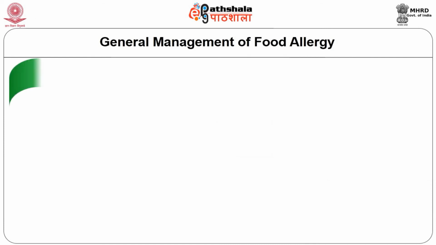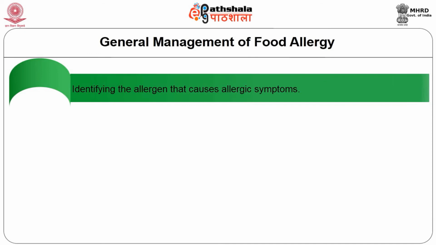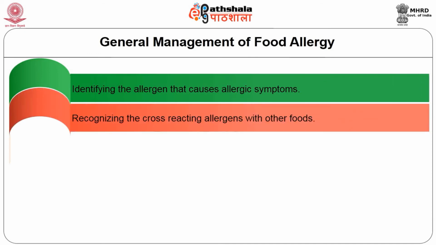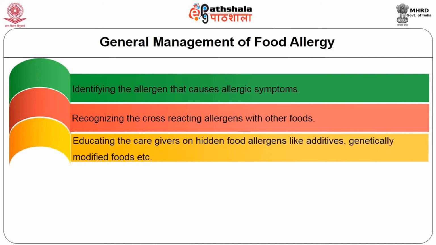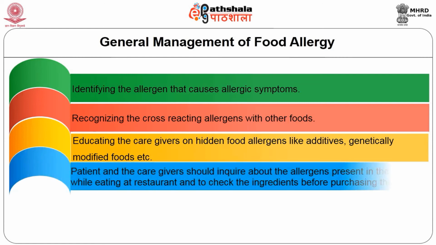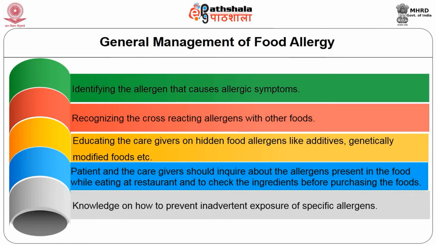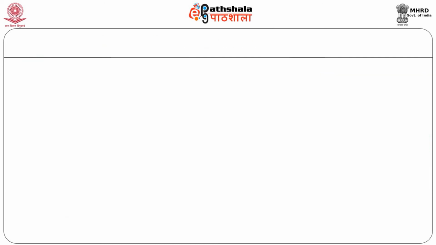That is, identifying the allergen that causes the allergic symptom, recognizing the cross-reacting allergens with other foods, educating the caregivers on hidden food allergens like additives, genetically modified foods, etc. Both the patient and the caregivers should inquire about the allergens present in the food while eating at the restaurant or at home and check the ingredients before purchasing the food. Knowledge on how to prevent inadvertent exposure to specific allergens.